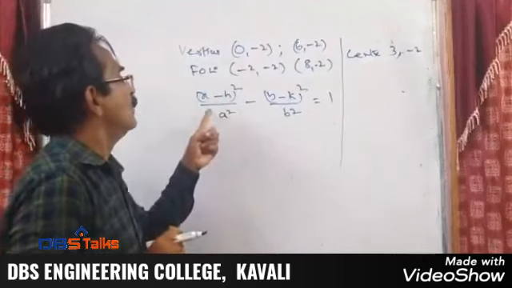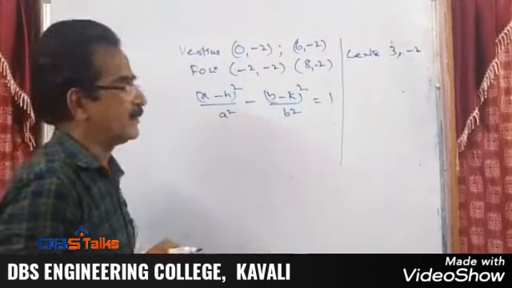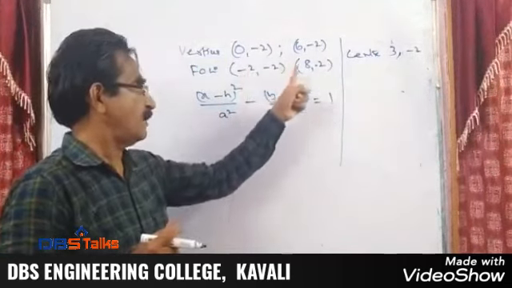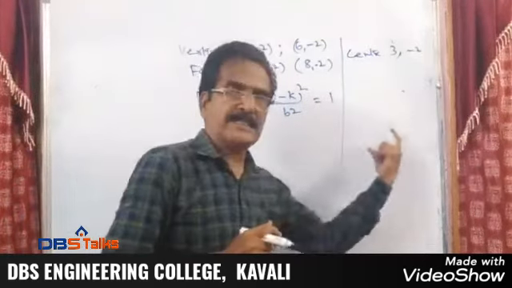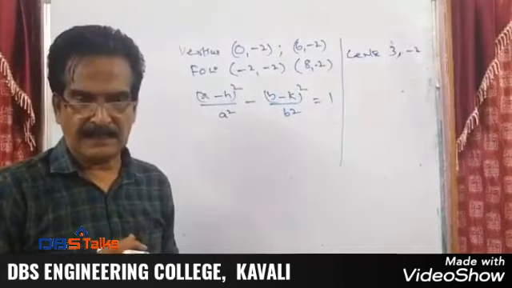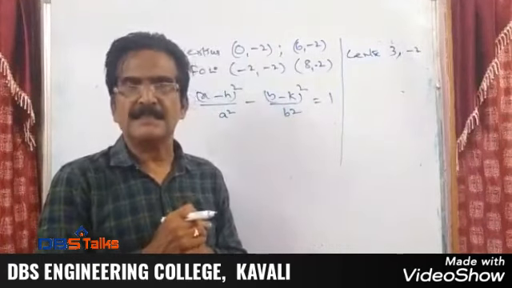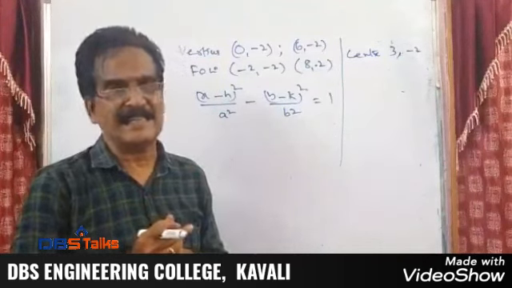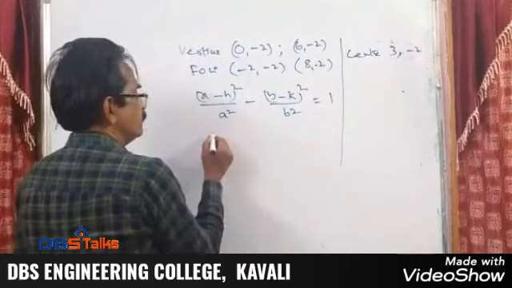Now let us find a square and then b square. See, foci are along the line parallel to the x-axis, so foci are h plus or minus c, k. We have to add the center, that is h plus c.